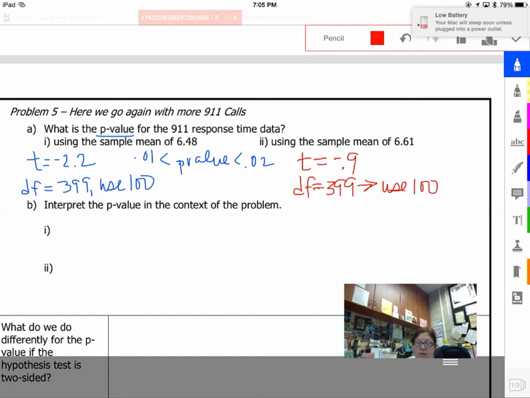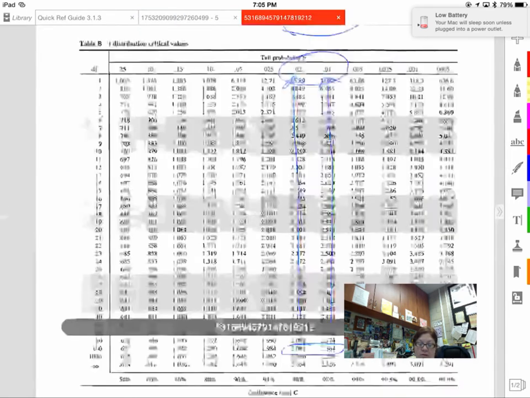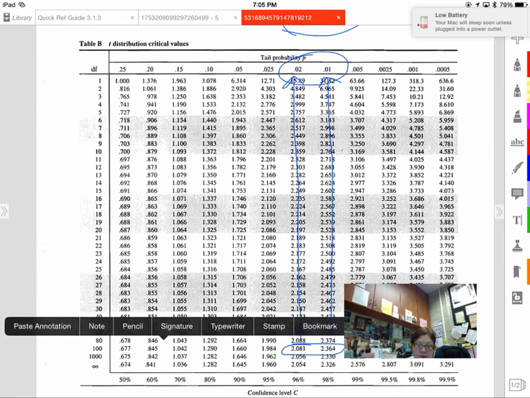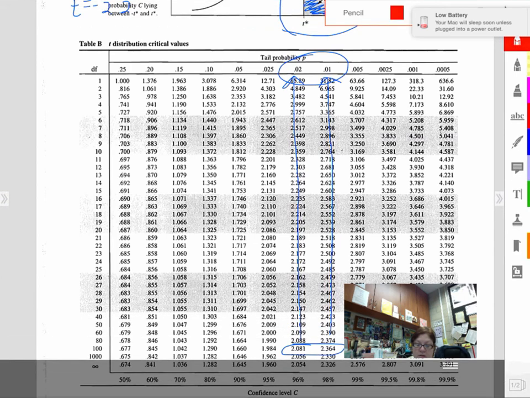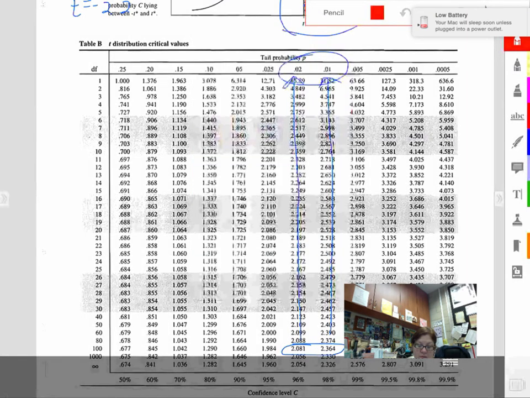And I'm also going to look up positive 0.9. So when I go over here, I'm looking in that same row, but now I'm looking for 0.9, and I notice that it would be between these two values right here.